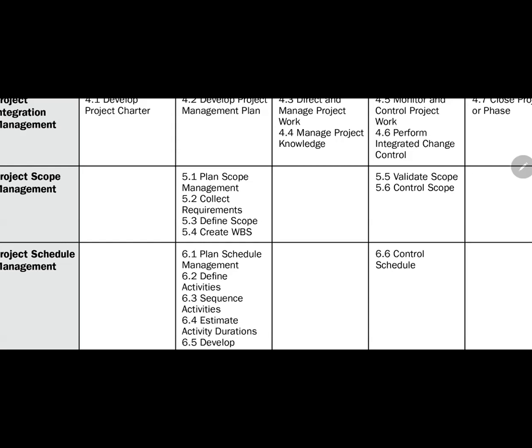And then the scope also talks about the amount of work and effort that is required to deliver that product or service or result with those associated functionalities and features. So in that way, you have baselined the scope.